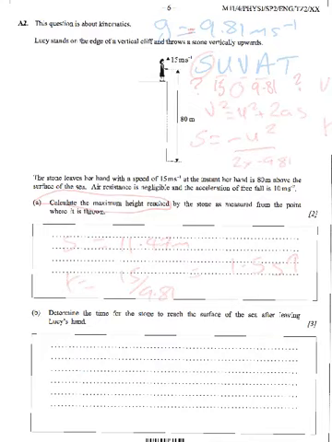Determine the time for the stone to reach the surface of the sea after leaving her hand. So what you've got to realise is this. The path of the stone goes from her hand back to where the hand started and then plummets down 80 metres lower down the cliff.